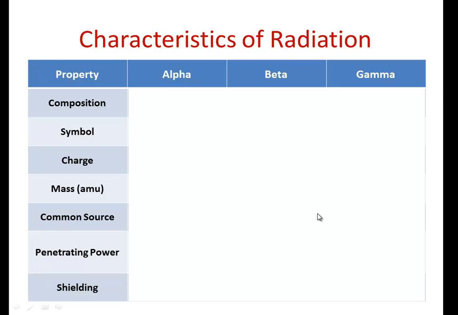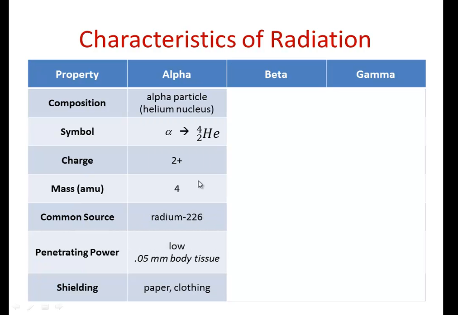Okay, now quickly I'm going to go down the list of characteristics for the 3 most common forms of radiation, alpha, beta, and gamma. First, alpha. Alpha radiation is in the form of a particle, and specifically it's basically a helium nucleus.